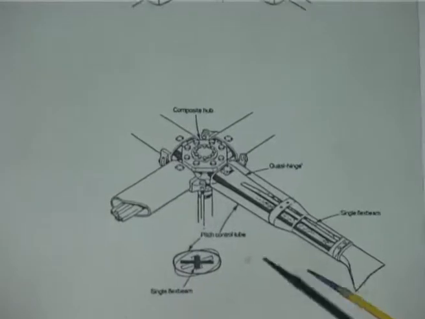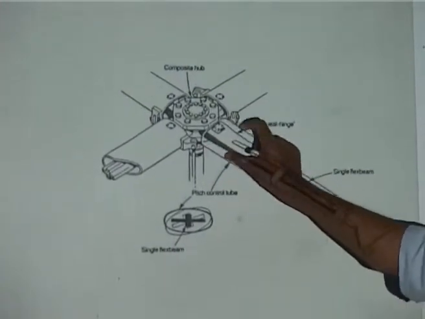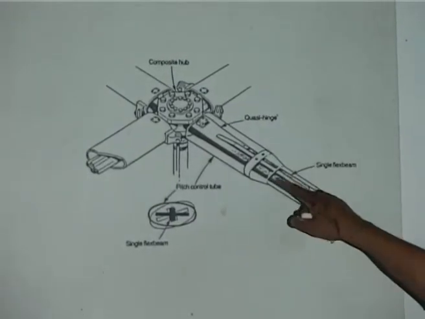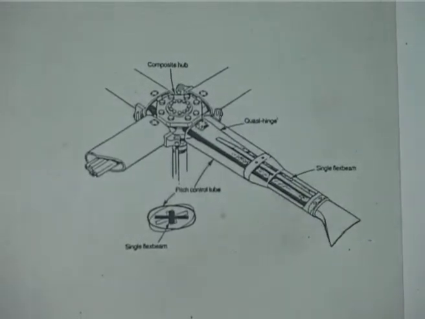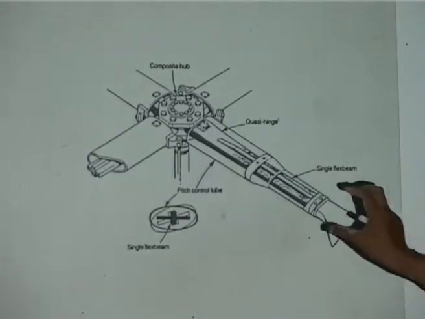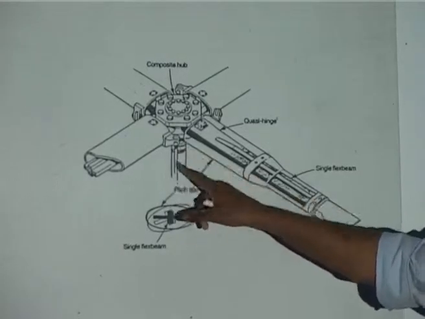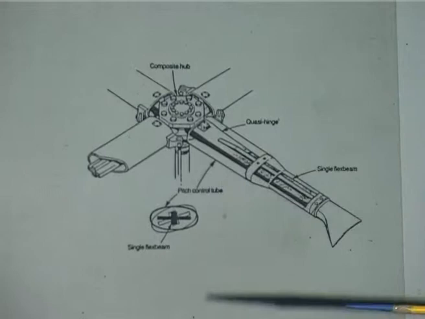This is the hingeless. I will explain briefly. There is a collar. The blade is here. This is the flex beam, which is a composite material. What you do is you twist this beam by pulling the lever up and down. This is connected to this outer sleeve. So, there is a sleeve.